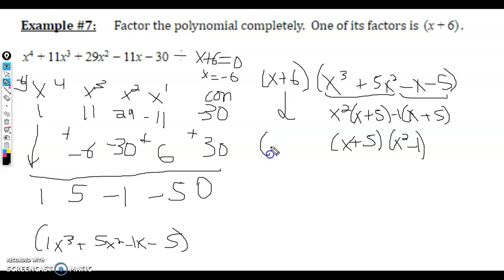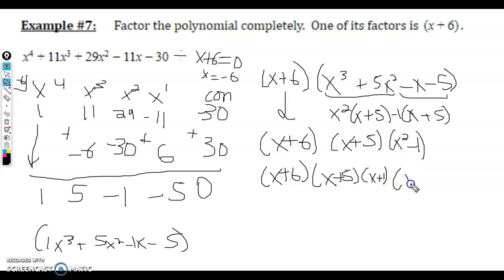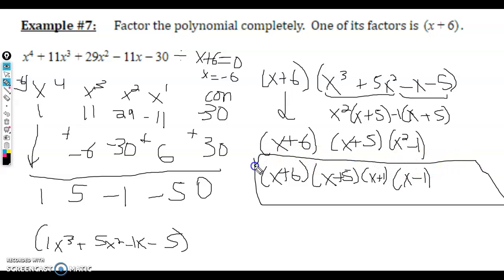This guy sticks with us. Then I know that this one is a difference of squares, so I can write that as x plus 1, x minus 1. So that ends up being my answer.